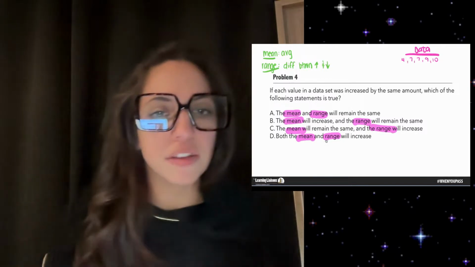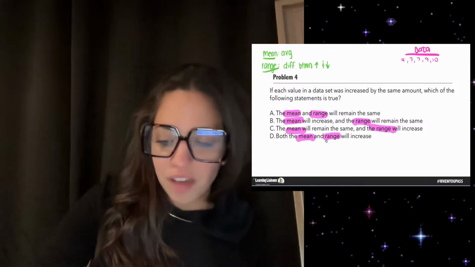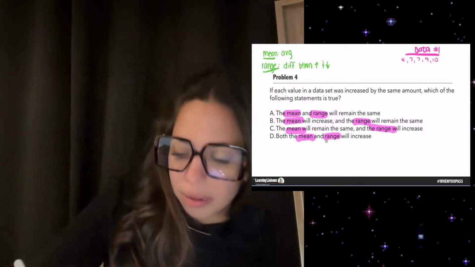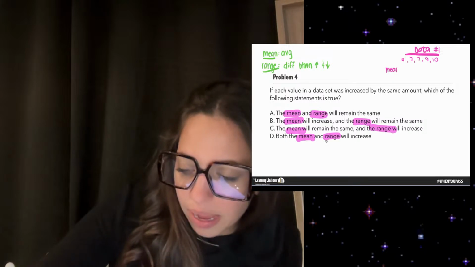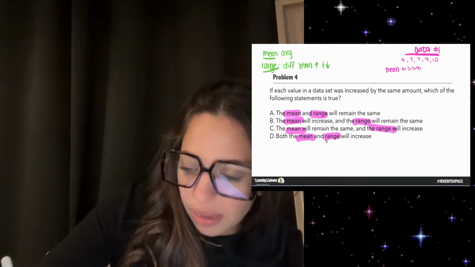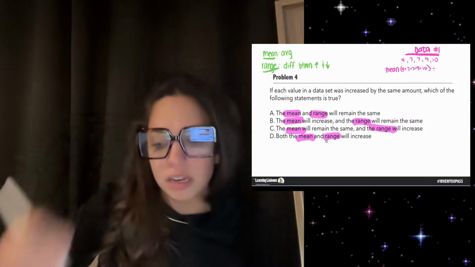So I am going to find my mean and my range for this data set, and then I'm going to find my mean and my range for my updated data set. So my mean is my average, so I'm going to add them all up and then divide by the number of data points I have, which is only 5.